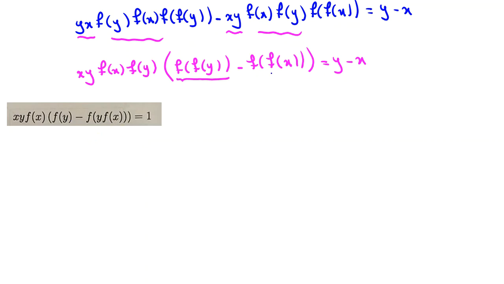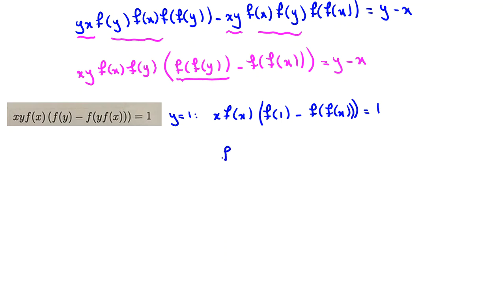So here we try to find f of something. If we consider y equals 1 here, then I have f of x. It will be x f of x times f of 1 minus f of x equal to 1, and that's very good. Why? Because we can find f of x with only f of x and f of 1.